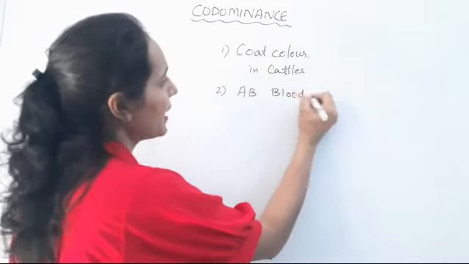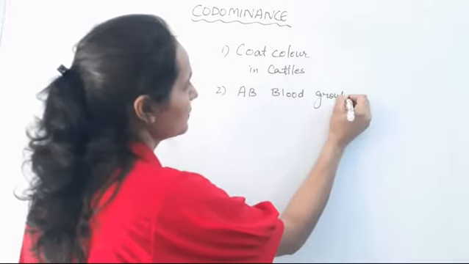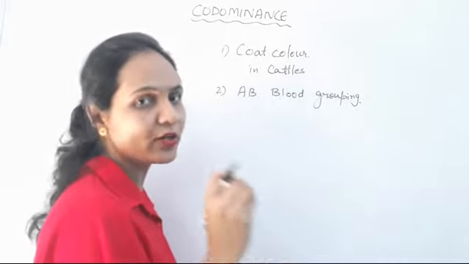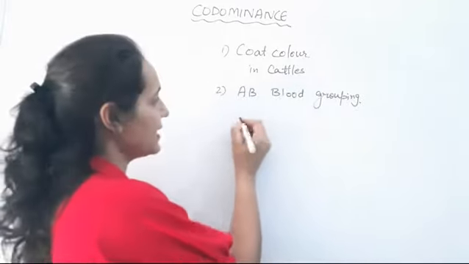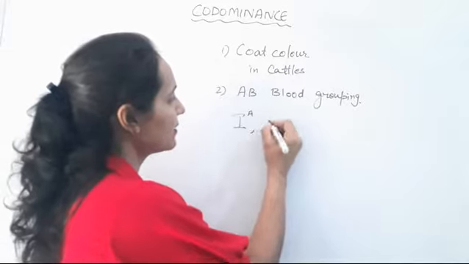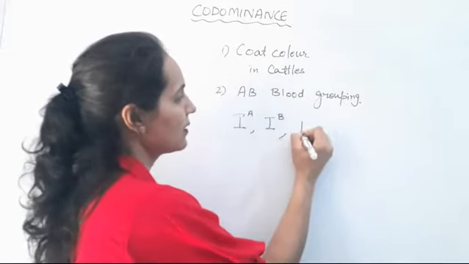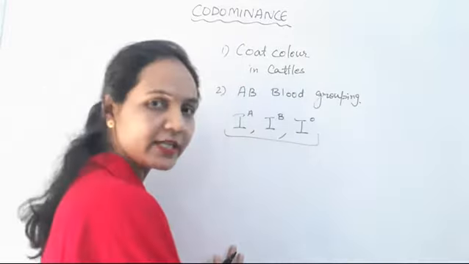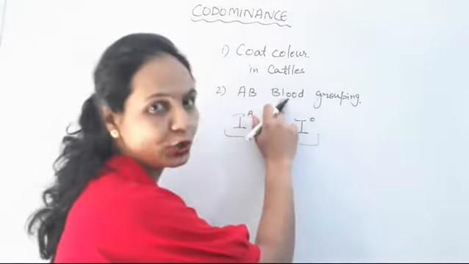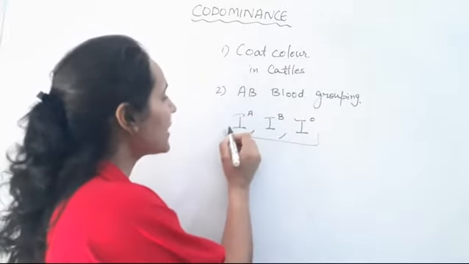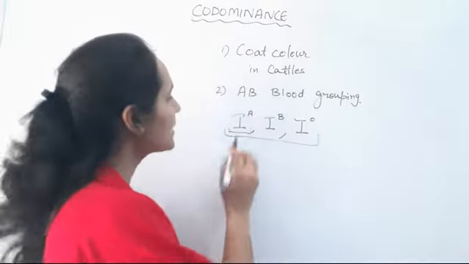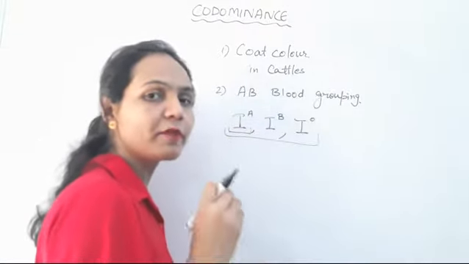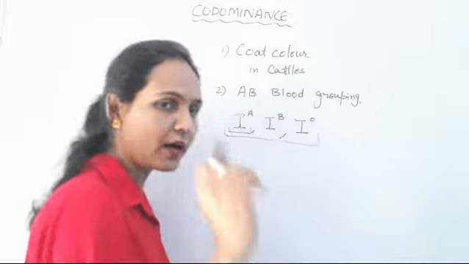We know that blood groups are decided by three different alleles, namely IA, IB and IO. These are the three different alleles that can decide the blood groups. IA is a dominant trait which decides the synthesis of a particular protein on the RBC.